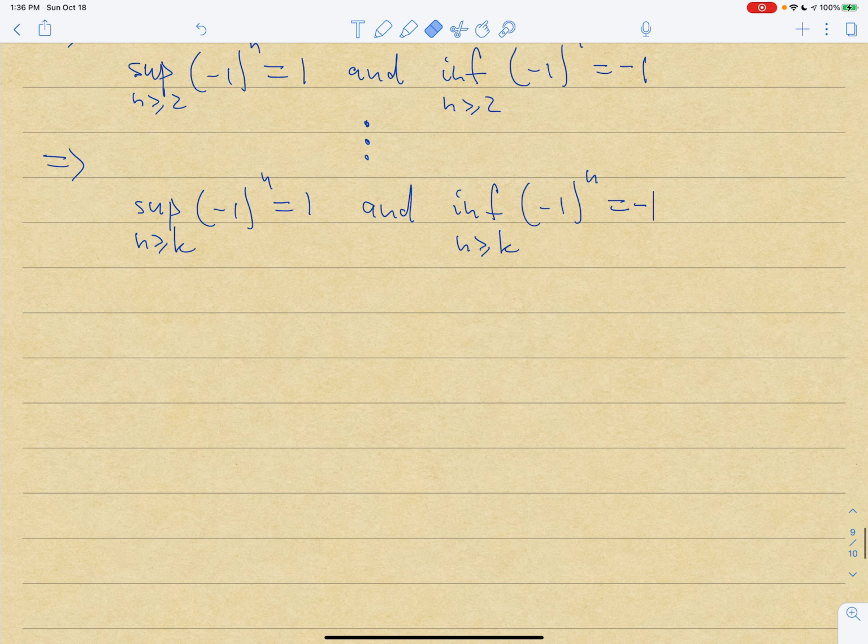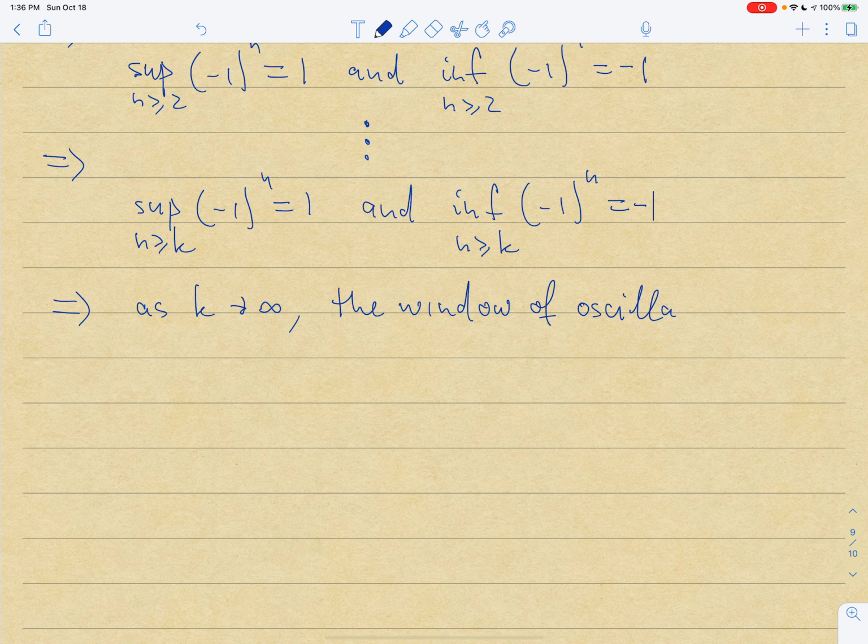And so in this case, as k tends to infinity, the window of oscillations stays the same, it remains minus 1, 1.